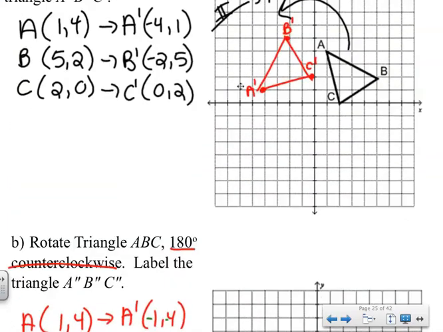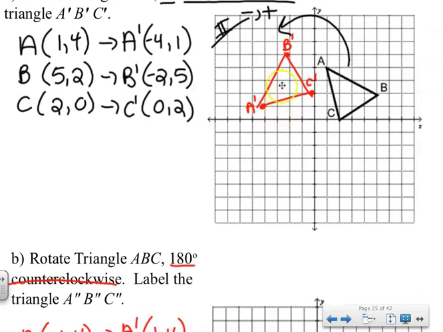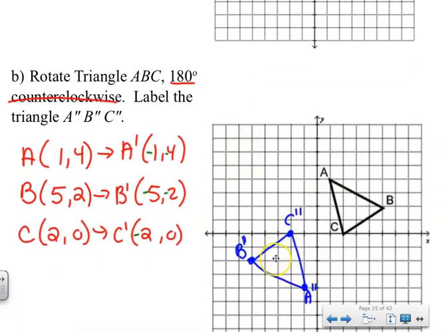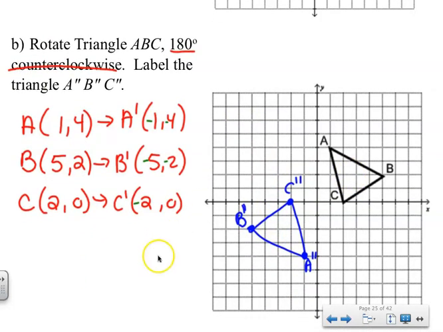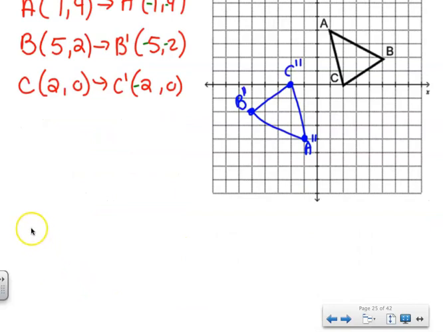So notice, if I look at this top one, it also looks rotated 90 because it kind of rotated back down. Okay? So that is the rule for 180 degrees. So let's go ahead and make a rule note.